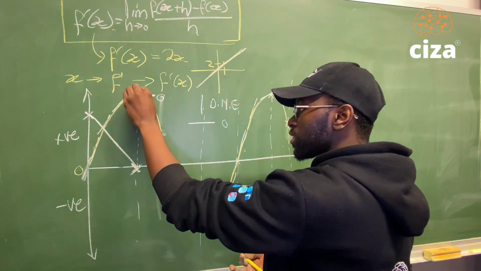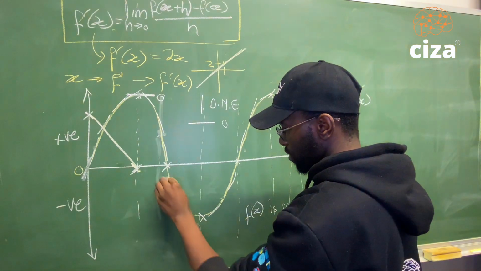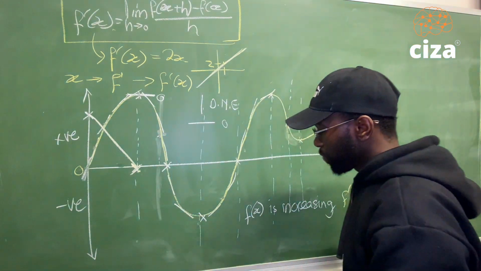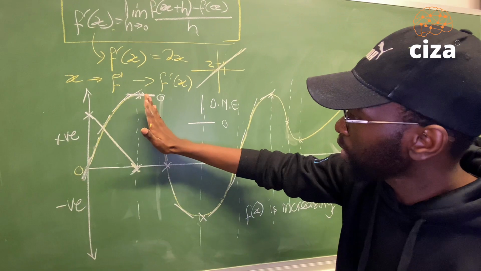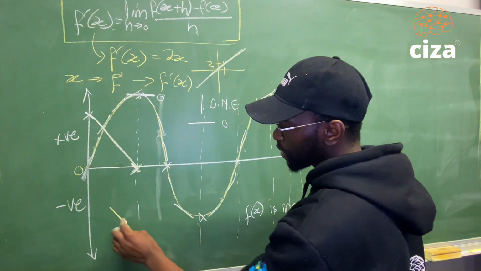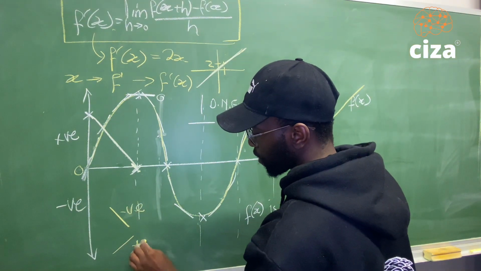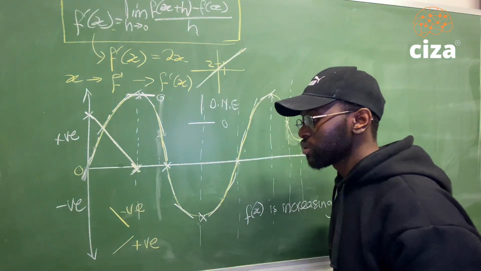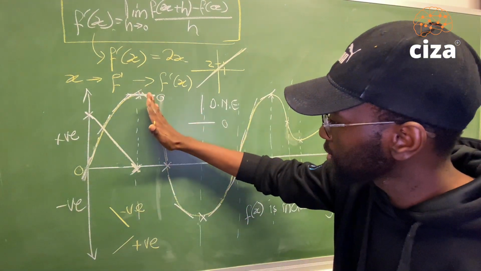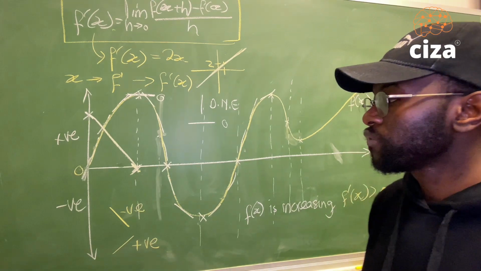If you draw the gradient now as our function decreases, you'll see that these gradients are now negative. Remember that a gradient that is going down is negative, and a gradient that is going up is positive. So this gradient on this side, you can see that they all have negative values.